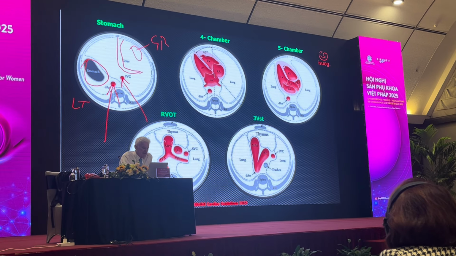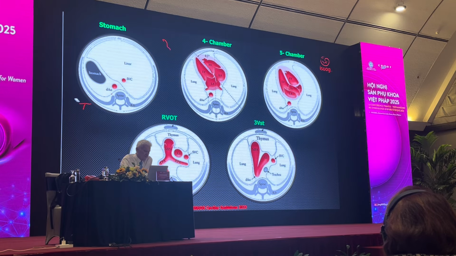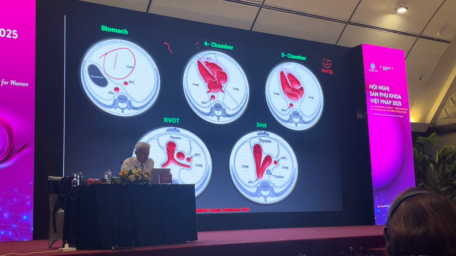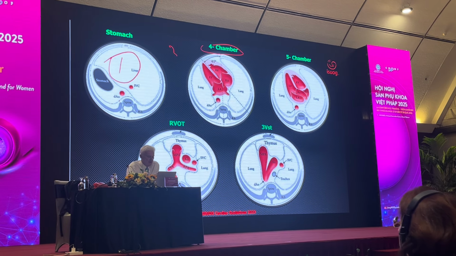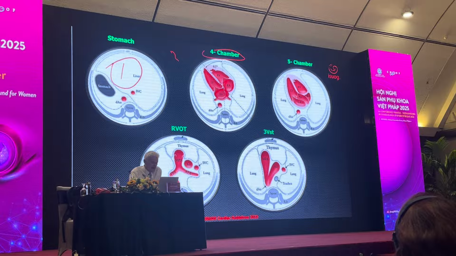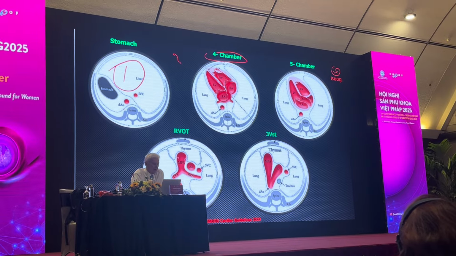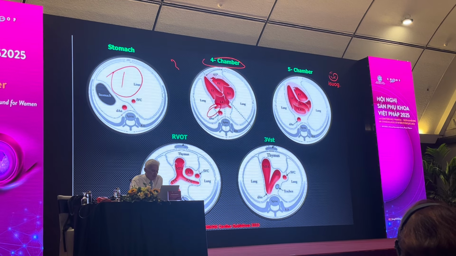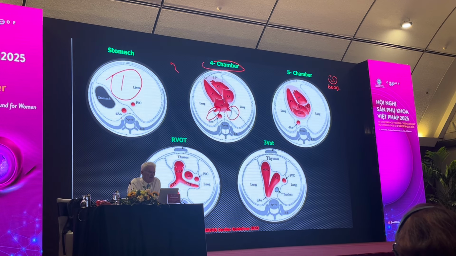The next is section number 2. And section number 2 is the evaluation of the 4-chamber view of the heart. I look at the size of the left and the right atrium. I look at the size of the left and the right ventricle, ensuring that there is symmetry. I make sure that I can see the pulmonary veins entering into the left atrium.